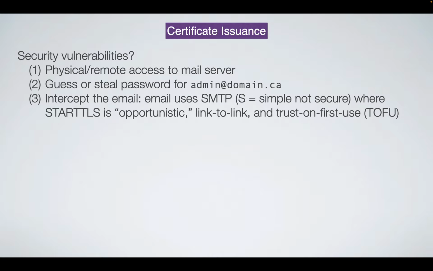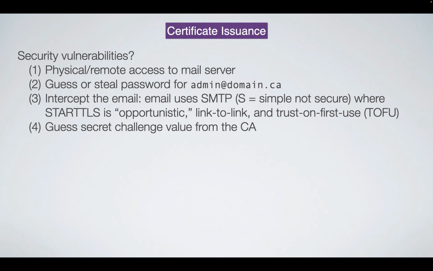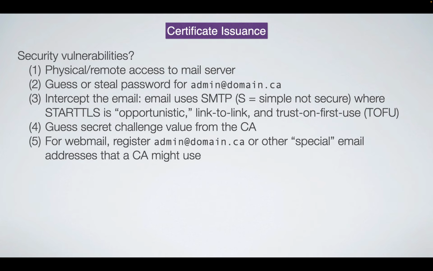Some people think S stands for secure, but it means simple. And it's opportunistic, meaning that it's link to link and trust on first use, all those things. I could try and guess the secret value, but if it's long and random, that's a vulnerability that we can exclude. If it's webmail, I could register admin at domain or some other special email address that a CA might use.